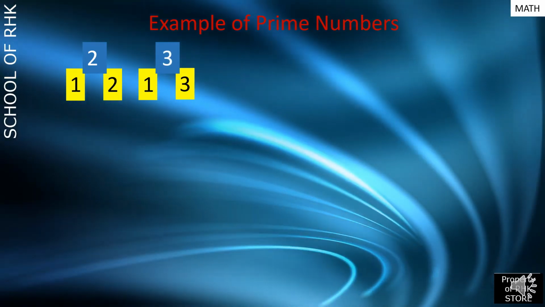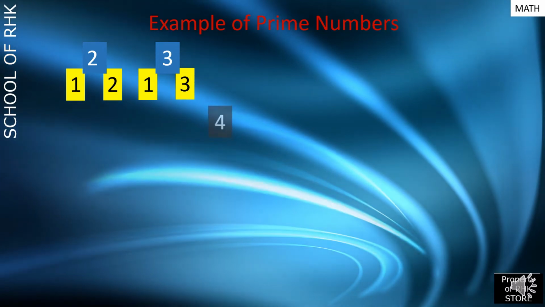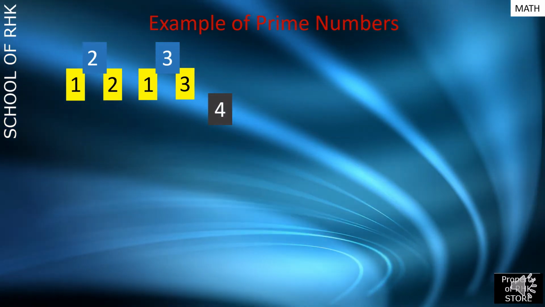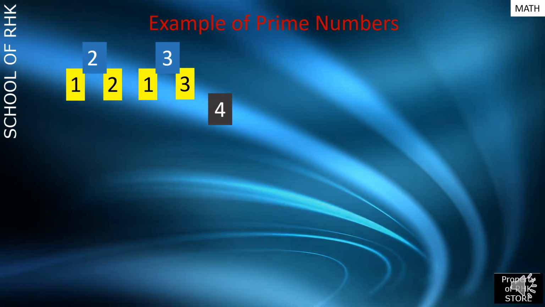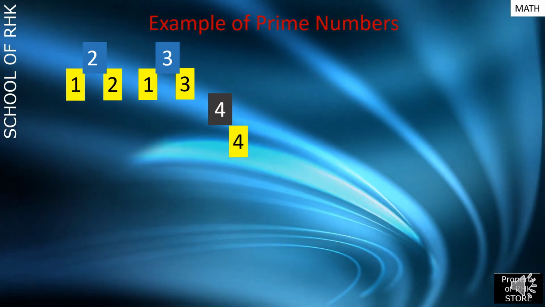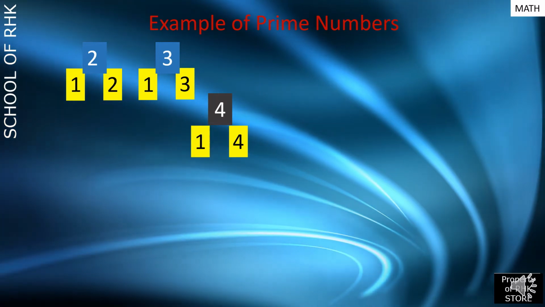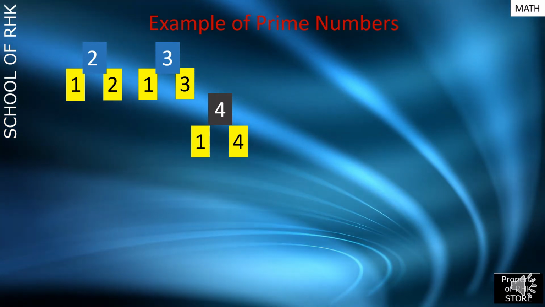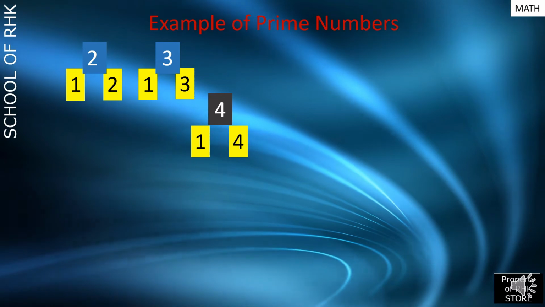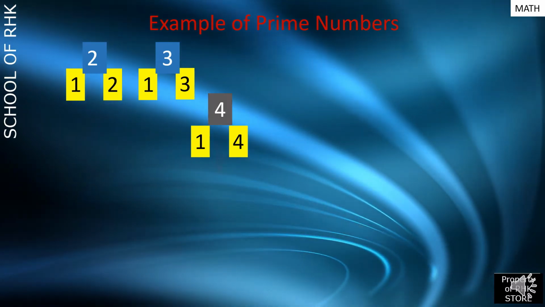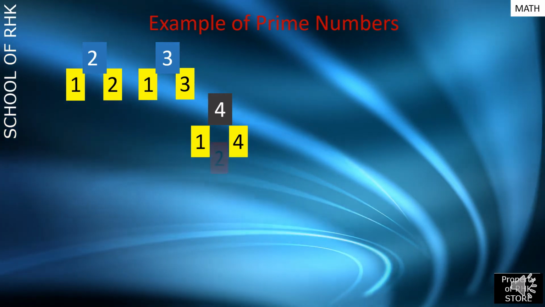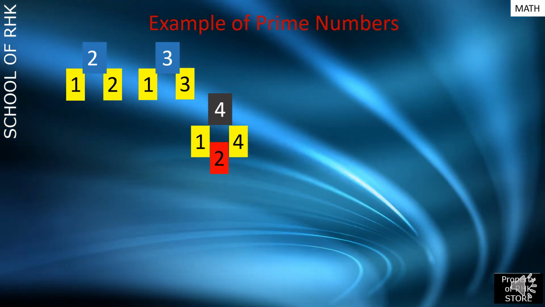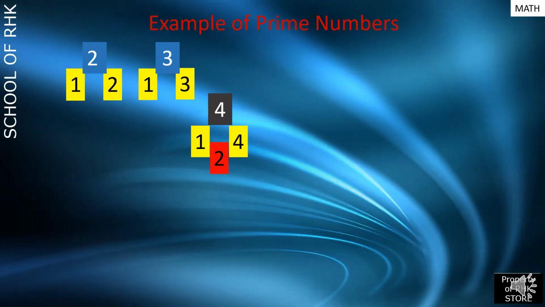The next number is 4, which is a positive integer. But dividing 4 by itself, that is 4 and 1. Apart from these two integers, 4 is also divided by 2 and it will not end up with any remainder.